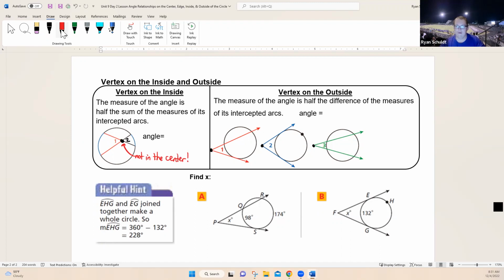The measure of the angle is half the sum of the measures of its intercepted arcs. So it's arc 1 plus arc 2 divided by 2. You're adding these together, that one and that one, and then dividing it by 2.